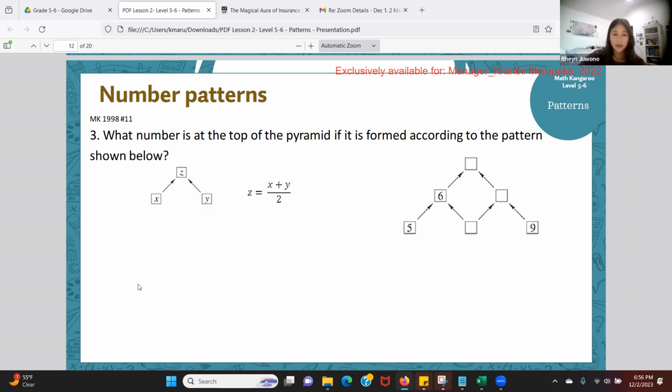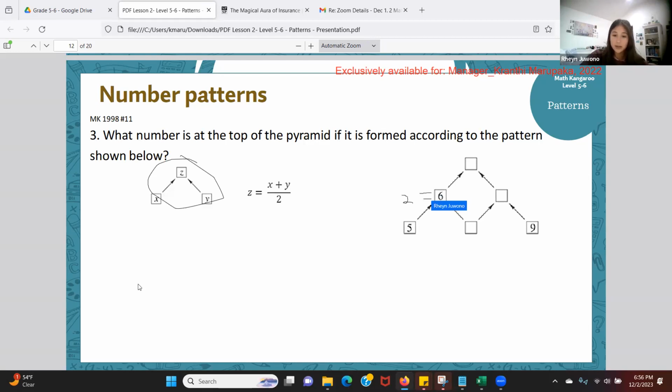If we take this picture we have on the side, then we can use the formula they give us to plug in the values.